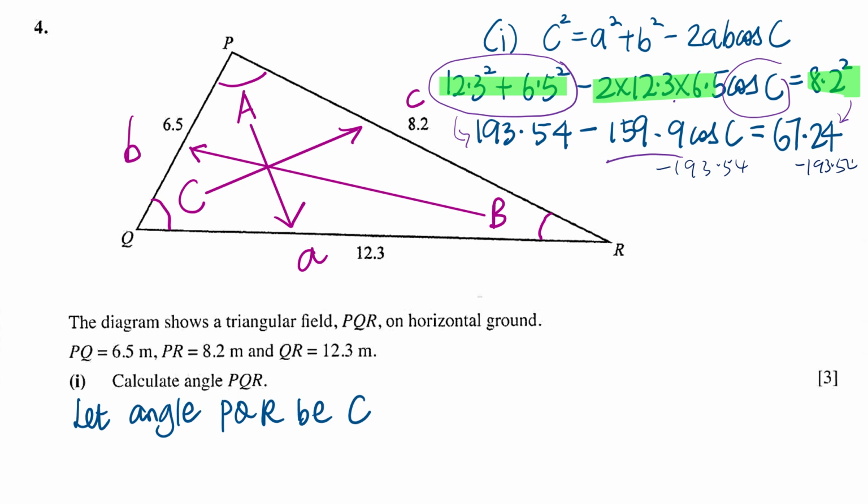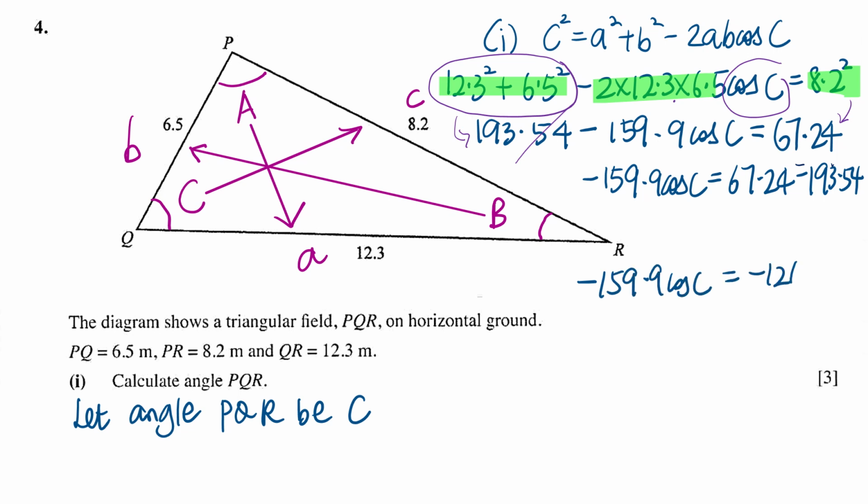So when I minus 193.54, this will be gone. And 67.24 minus 193.54 will give us negative 126.3.